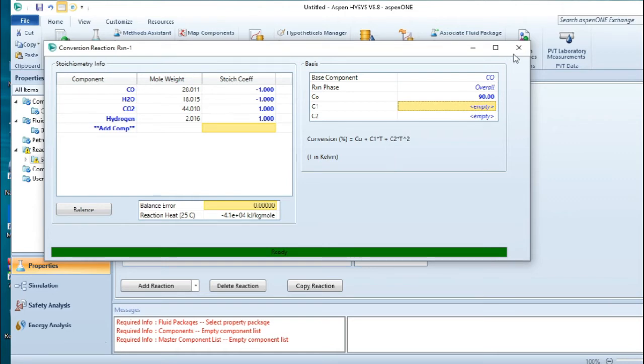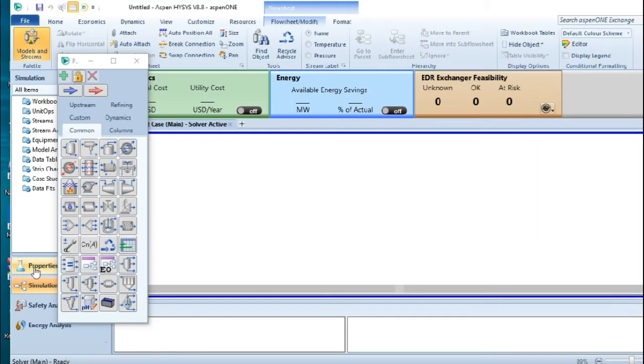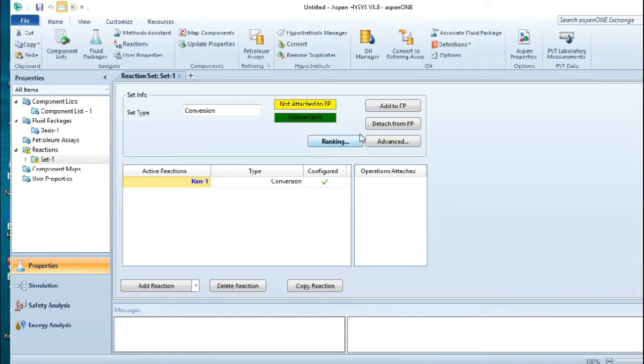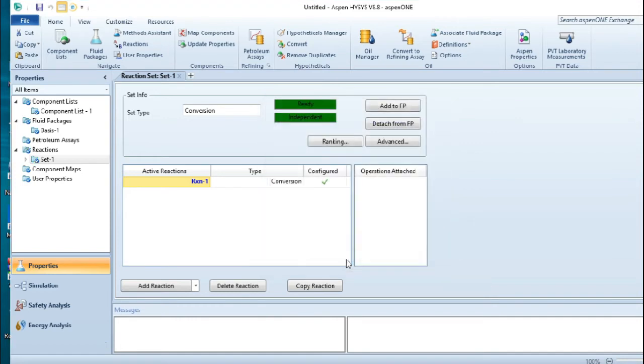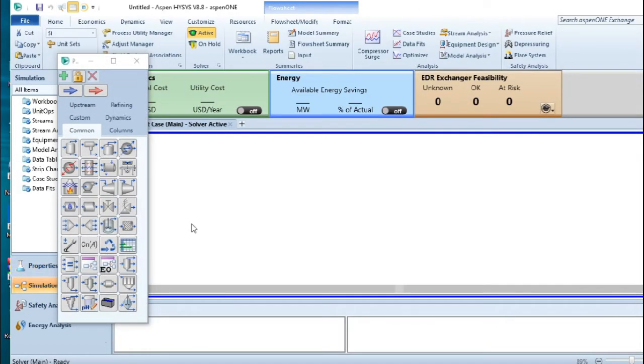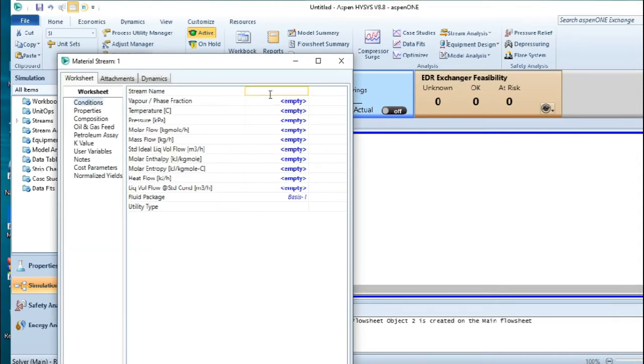So after this, we add it to the fluid package and now proceed to the simulation. So don't forget, we are having two reactants. The first reactant is water.